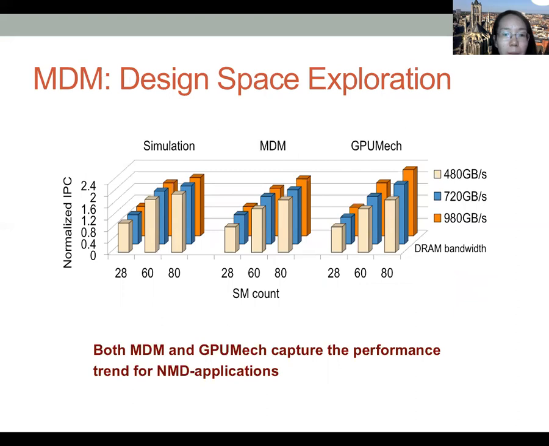Case studies are important for a performance model. The most obvious use case for the MDM model is to drive design space exploration. In this figure, we report the performance results as a function of SM count and DRAM bandwidth for a non-memory divergent application, BT. All results are normalized to simulation with 28 SMs and 480 GB per second memory bandwidth.